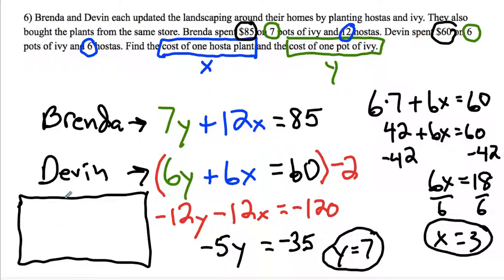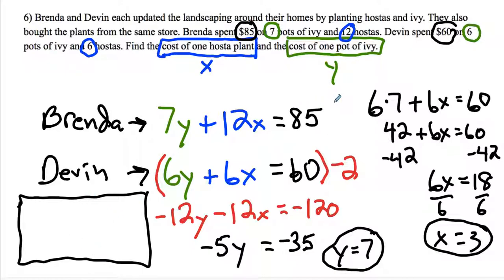The cost of one hosta plant is my x, $3. And similarly, a pot of ivy is $7, because that was my y variable. Those are the two things that we need to write here. That's answering the question.